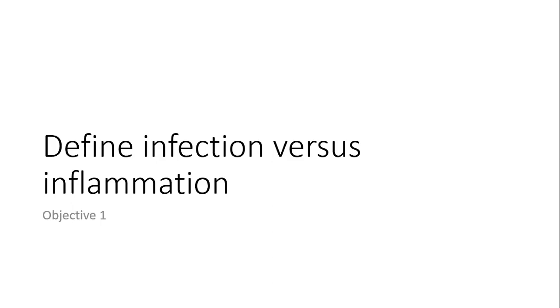And then video number 3 will be everything else. Objectives 9 through 17, talking about the difference between local and systemic infection, acute versus chronic, regeneration and repair, wound healing terms, and various tissue wound healing and bone healing topics.